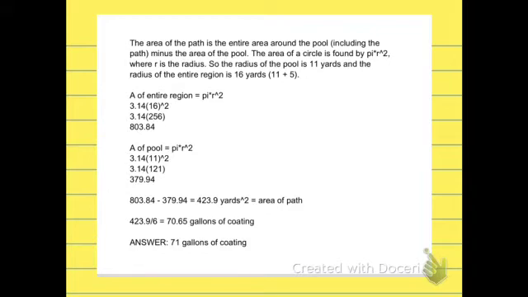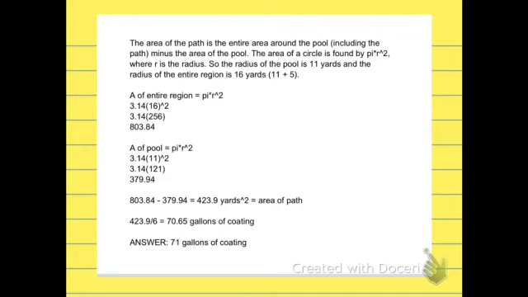Okay, so first you need to find the area of the entire region, then find the area of the pool. 3.14 times 16 squared, which is 3.14 times 256, equals 803.84.